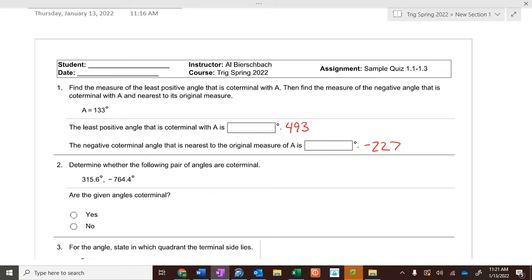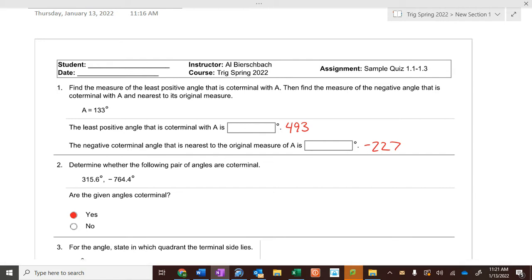And add 360 to that. What do you get? Negative 44.4. And add 360 to that. What do you get? Are they coterminal? Yes, because they're a multiple of 360 apart.